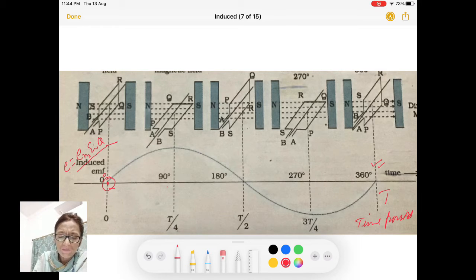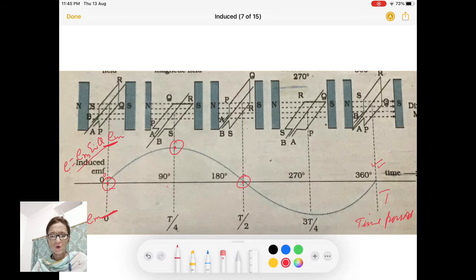If you have Emax value over here, and in opposite direction Emax is here with a negative sign, then you have a point here on the graph at 90 degree. Now when theta is taken 180 degree, sine 180 is equal to 0, so EMF at 180 degree becomes equal to 0. On y-axis, the value is equal to 0.